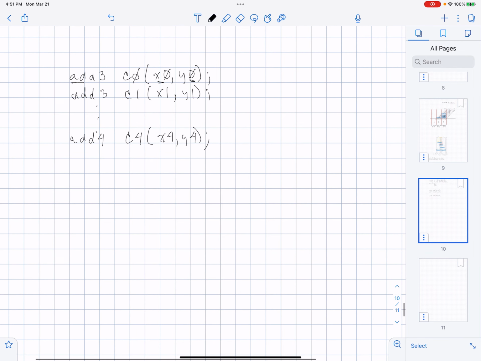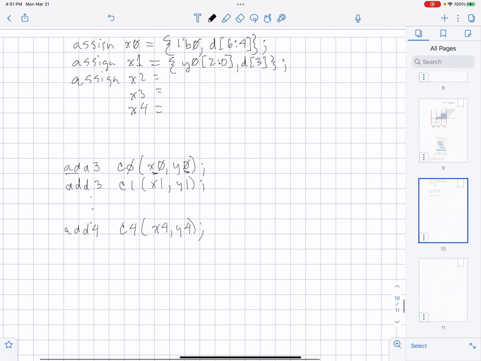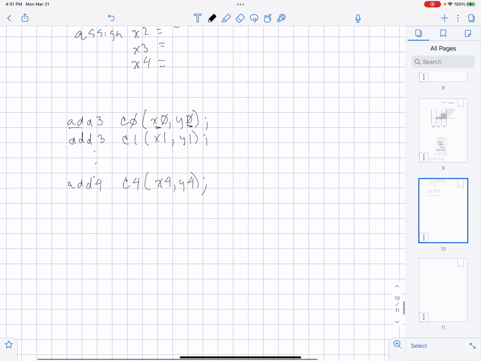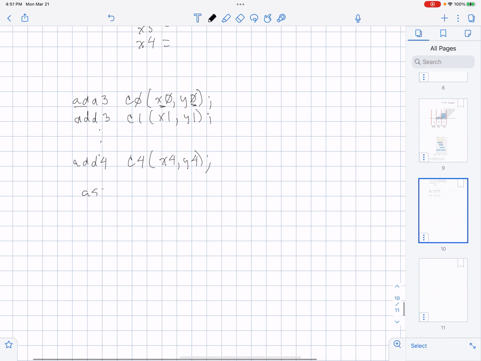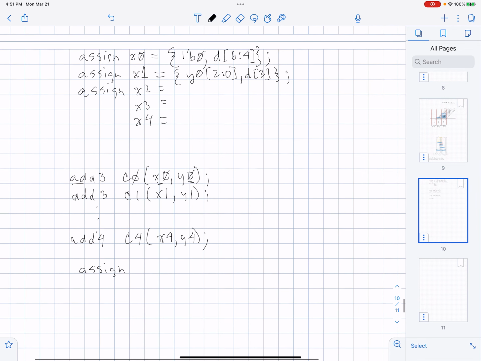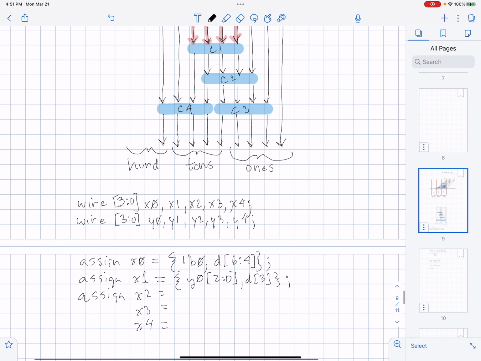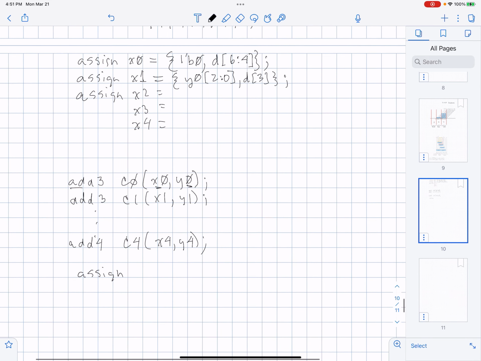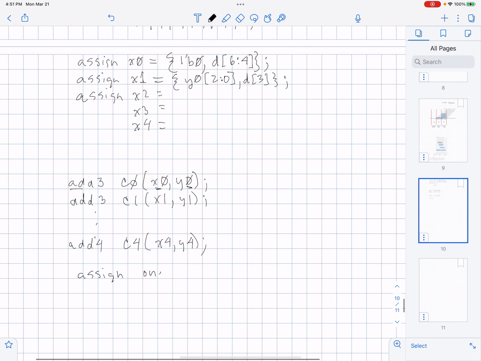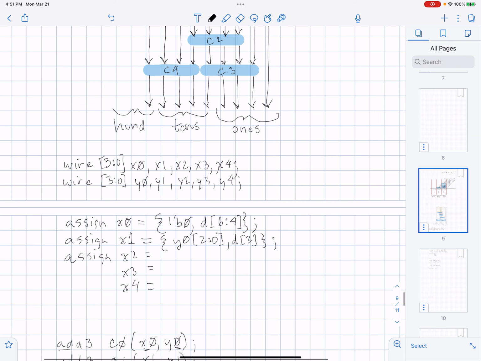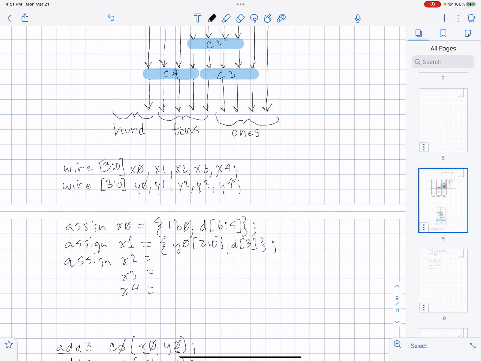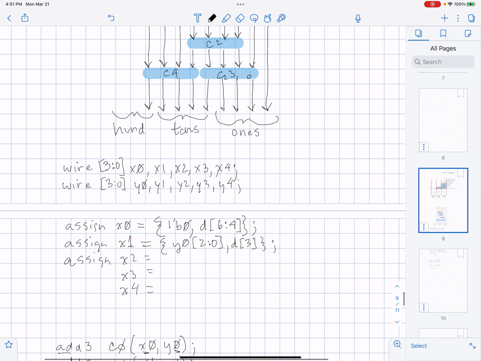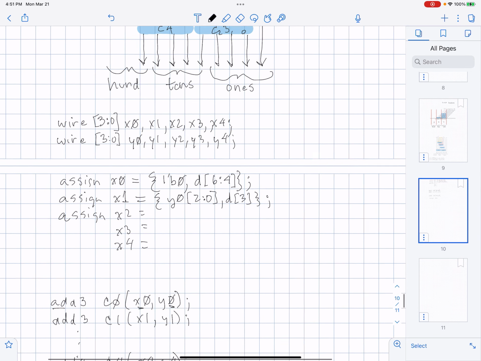And then finally, I need to look at the diagram. So I'll send you the test bench for this 7-bit case. But finally, I need to look at the diagram and assign the outputs. Okay, so I look at the outputs, for example, for the ones. The ones are the output for C3, so it's Y3, 2 through 0.